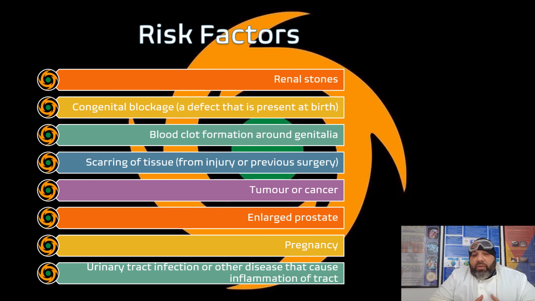for example from injury or previous surgery. There can be tumor or cancer as a risk factor, enlarged prostate in those from the male background, and pregnancy can be a risk factor to propagate hydronephrosis symptoms as well.